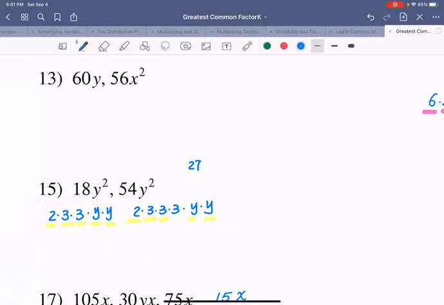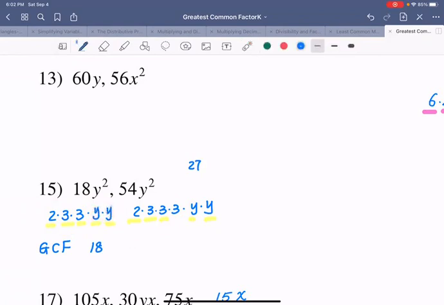Go ahead, say the answer, please. 3 times y, all of this times together. This times together equals how much? 18. Yes. y times y is 2y.